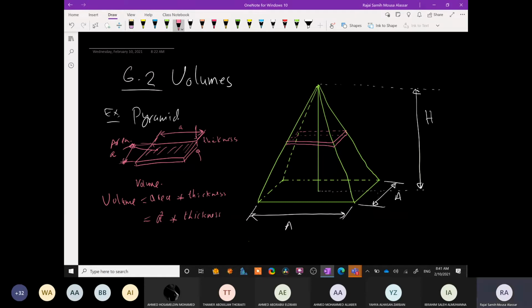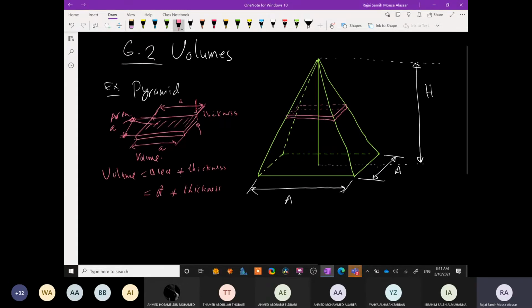Do you agree with me? Yes. Okay, so that makes sense. If this is just an a from here to here, small a, and also the width and the length are a and a, so the thickness is just d, let's say, so the volume is just a squared times the thickness. So that we are done with that, yes?